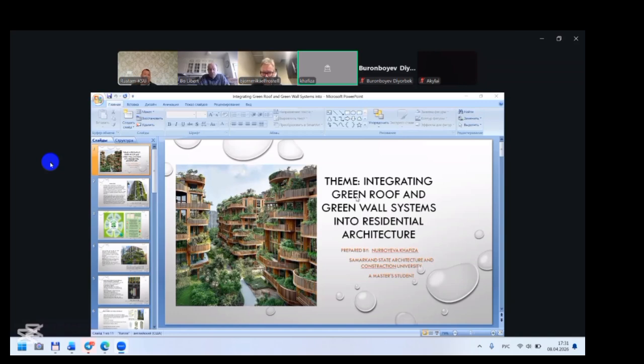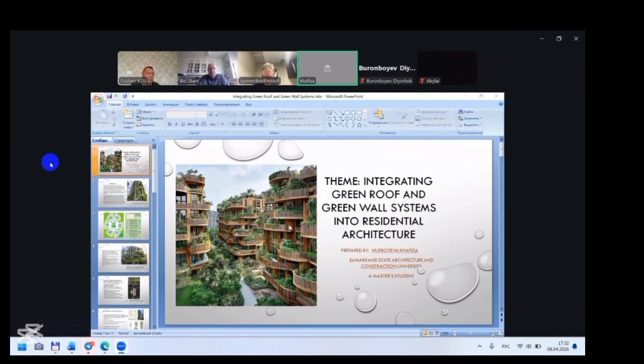This topic is very important in modern architecture because cities are growing rapidly and environmental problems such as climate change, air pollution, and energy use are increasing. Architects and planners are looking for sustainable solutions to create healthier and more environmentally friendly residential buildings.